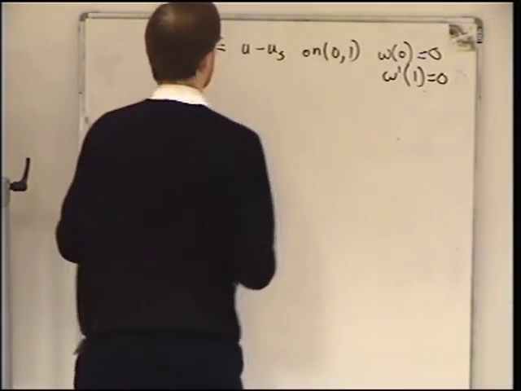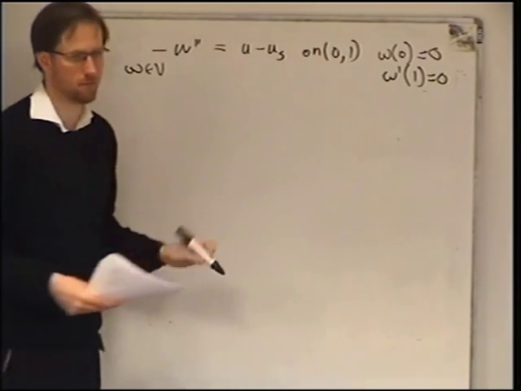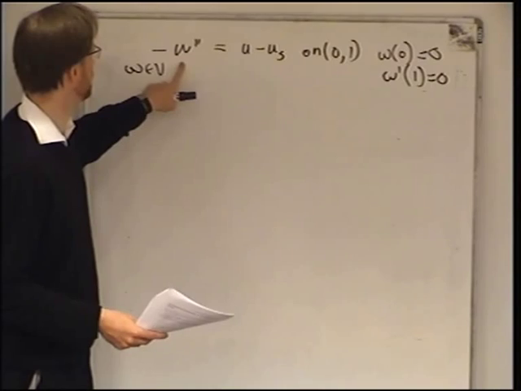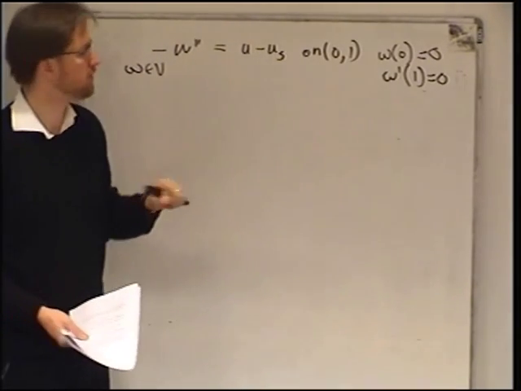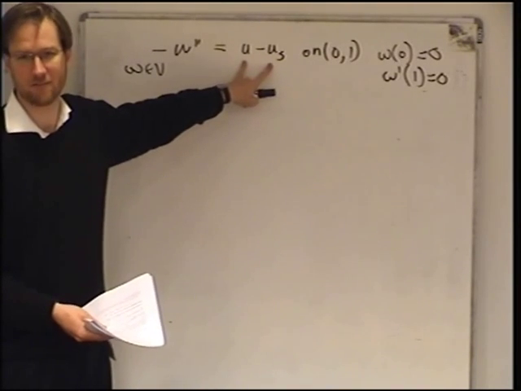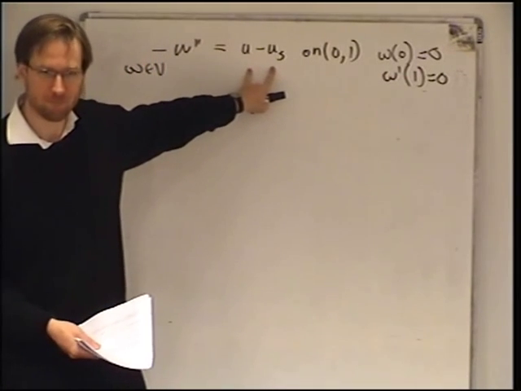So what I'm doing, I'm going back to V, so W is in my big continuous space, and I'm using W to solve the original differential equation. I've just made a particular choice about what my right-hand side is going to be. Same boundary conditions, different f.